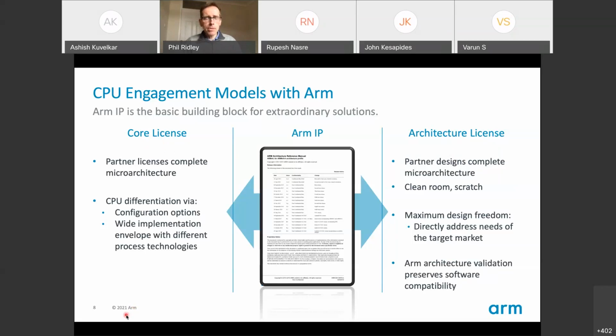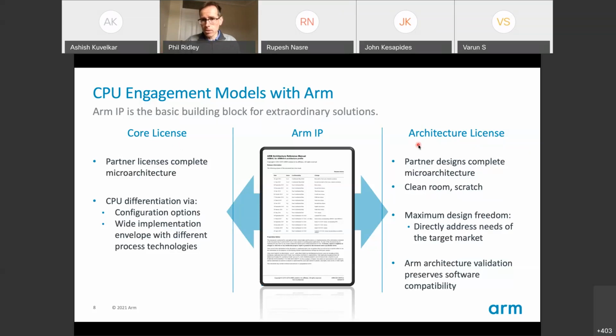But if you're familiar with ARM processors, I can say that currently we have, for example, the Cortex A78. That is based on a core license model, as is, for the HPC and server market, the Neoverse N1 CPU. That is a core license. Whereas the Fugaku HPC system that we talked about is based on an architectural license.